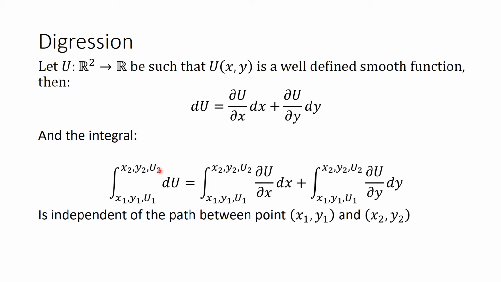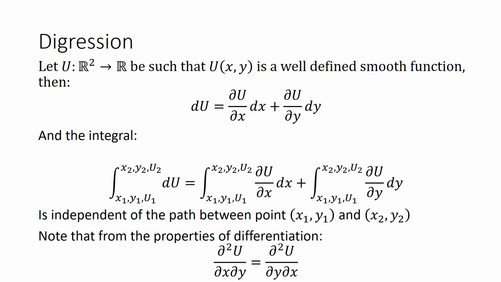Since u2 minus u1 is constant, this integration is independent of the path between (x1, y1) and (x2, y2). And from the properties of differentiation, the second derivative of u with respect to x and y is equal to the second derivative of u with respect to y and x.